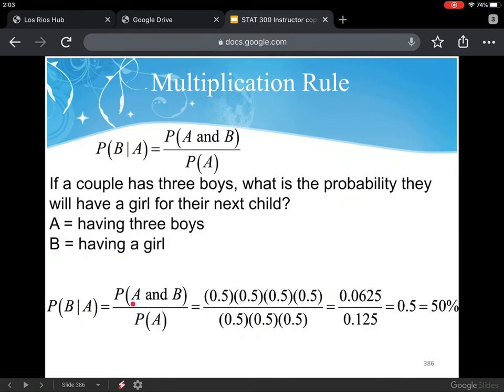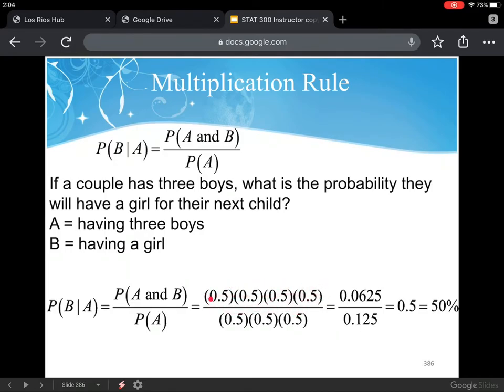Well, what's the intersection of having 3 boys and a girl? That means you have 4 children. 3 of them are boys. What's the probability of getting a boy? 50%. Probability of getting another boy, 50%. Probability of getting another boy, 50%. Probability of getting a girl for your fourth child would be 50-50, right? So that would be the probability of getting 3 boys and a girl.